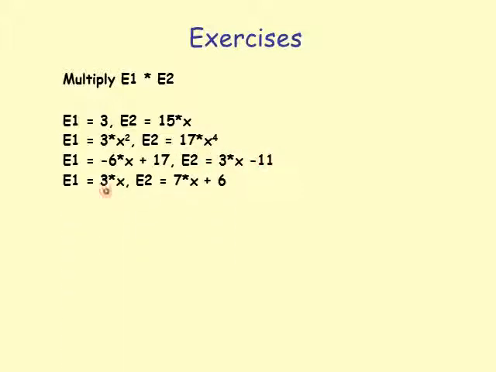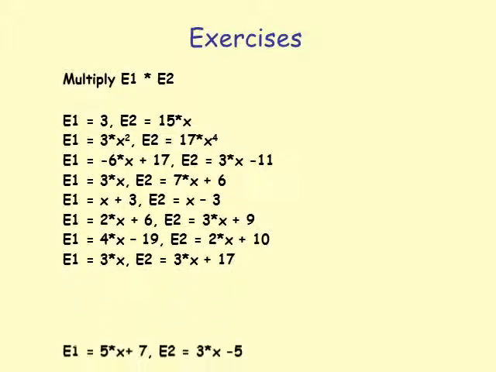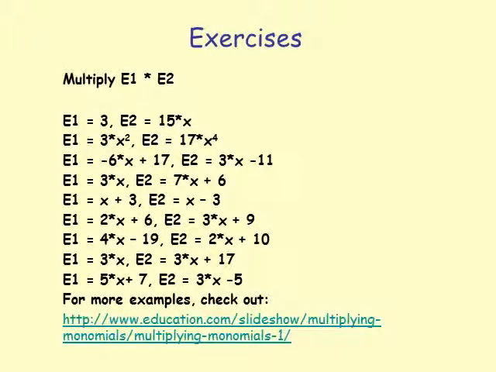Let's continue here. E1 is minus 3x and E2 is 7x plus 6, and so on. For more examples, you can check out this website here, or you can use the random number generator to make some more examples. Let's continue.